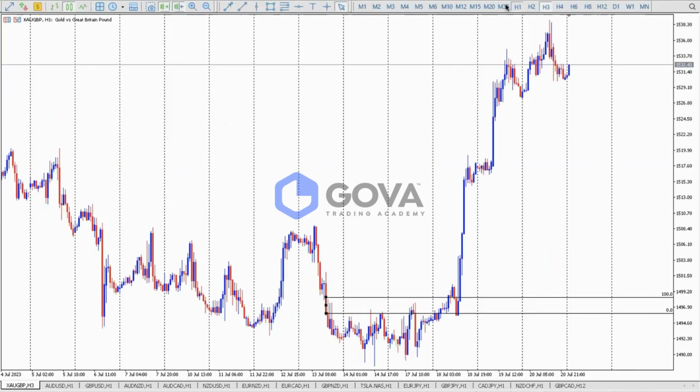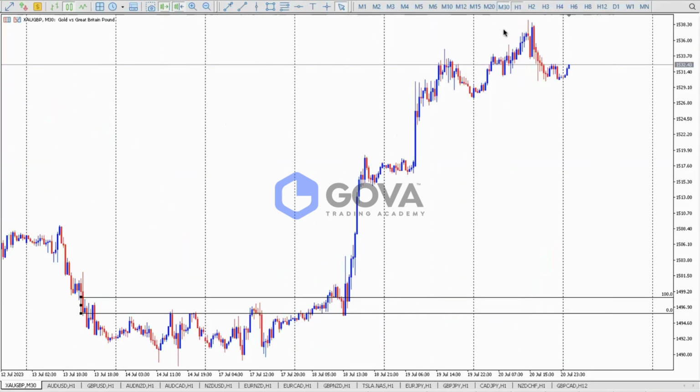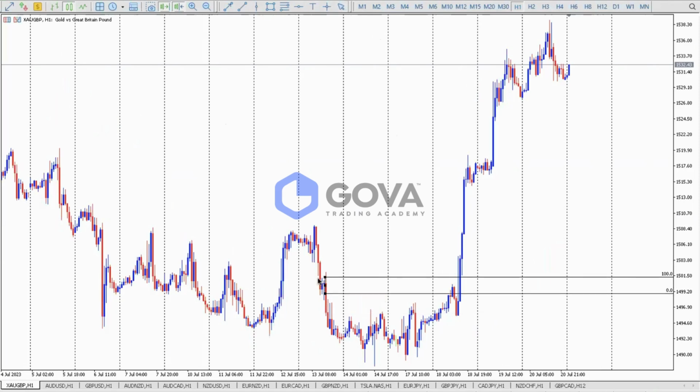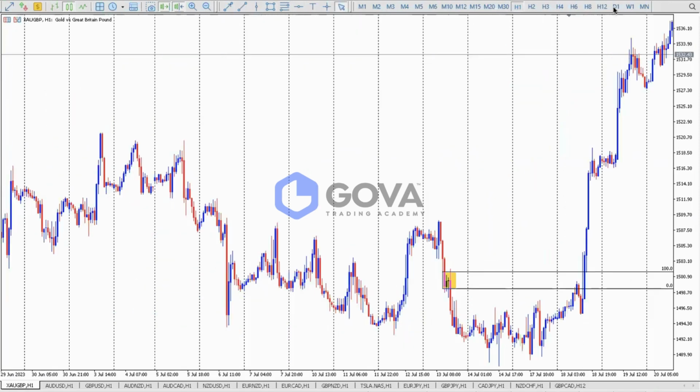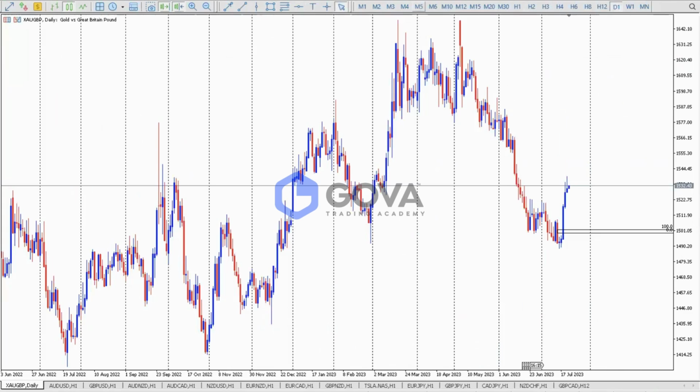Remember, we saw a zone on the H1 time frame, which is exactly this area. If I decide to switch to a higher time frame like the D1 time frame and the weekly time frame, you should be able to see that that level is sitting exactly on a higher time frame demand area. So that is why the trade there did not work, right?